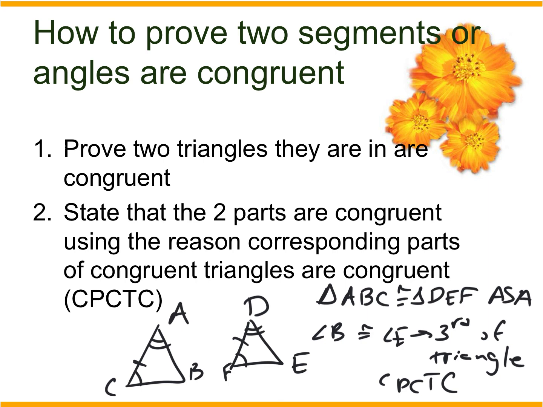We can also say it by segment, so we can say segment BC is congruent to segment EF. We can also say AB is congruent to segment DE. All of that by CPCTC.